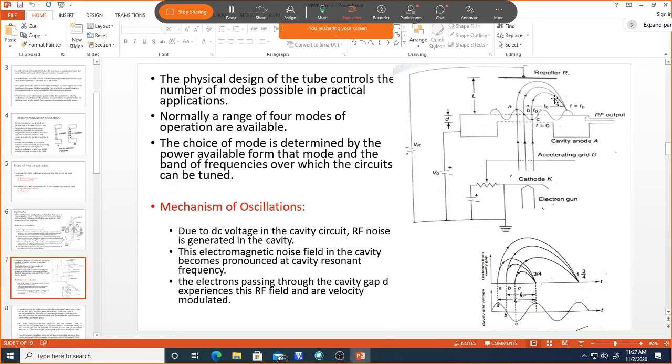Now the bunched electrons give energy to the cavity at the positive cycle. You can see here the mechanism may happen at some time t naught equal to 3/4, or at 1 3/4 of the time. This is called the modes of oscillation.